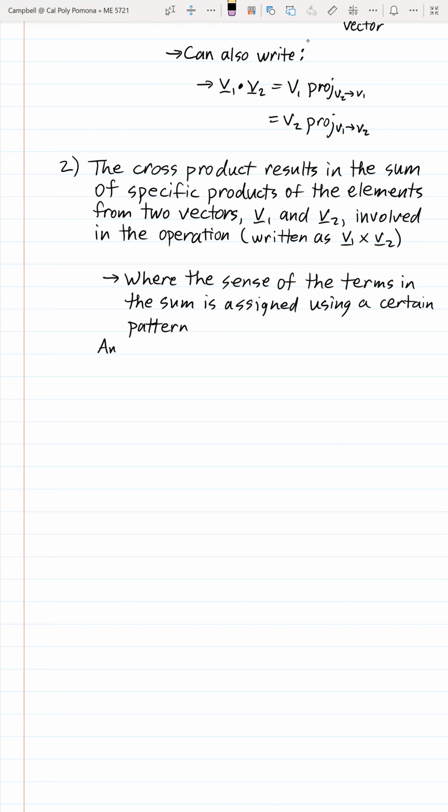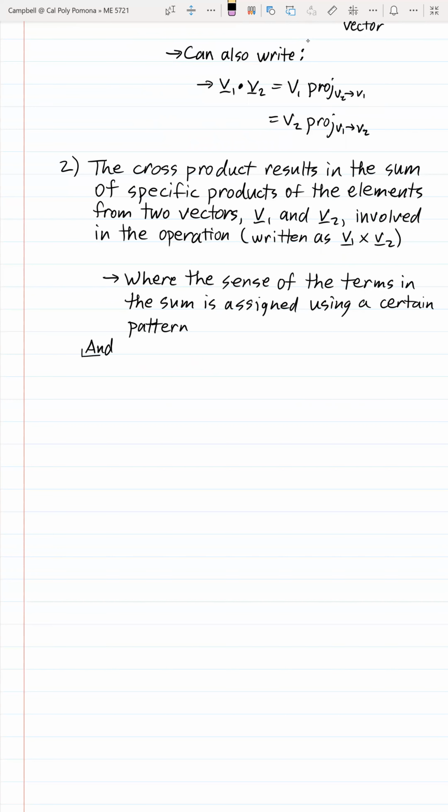And let me go ahead and move that a little bit further out, because I want it to be at the same level as this too.